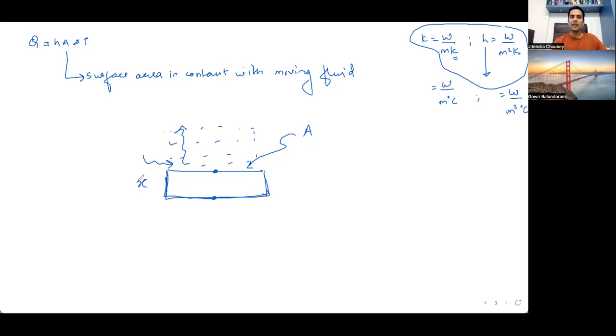Ultimately, because of this density difference, the fluid will flow. If the fluid doesn't flow, there will not be convection. So the fluid is flowing all because of its density difference.